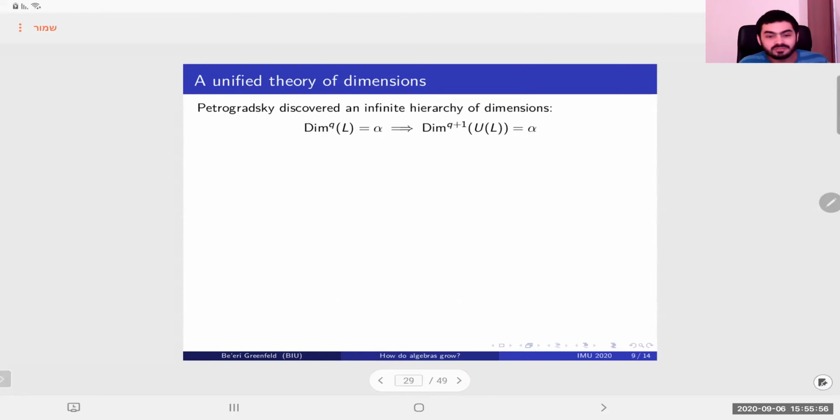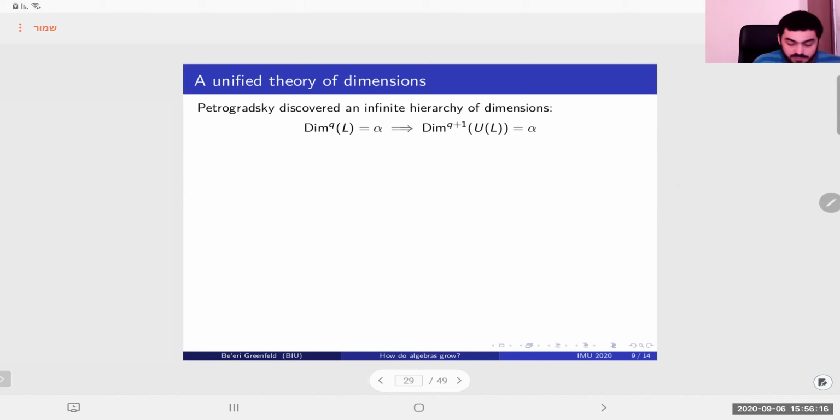He invented a theory of infinitely many dimensions for associative algebras, which unifies and generalizes some known and extensively studied dimensions.